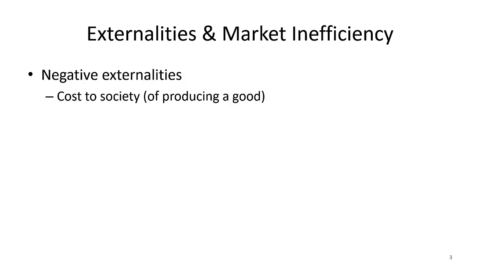It's a cost to society of producing a good. So a negative externality means that whatever you are doing has a cost for somebody else or society at large, and often it's seen as larger than the cost to good producers. What it means exactly is this: when I drive a car, obviously I'm burning fossil fuel.